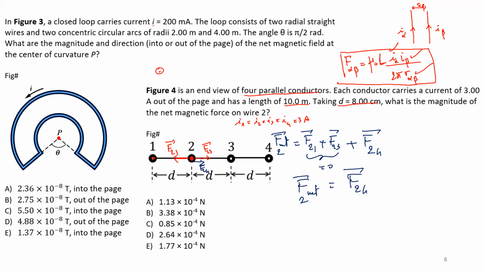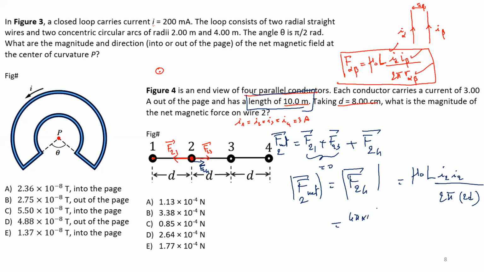Now in magnitude, what is F24? Easy. It's mu naught L, and I know L, by the way, is 10 meters, I2, I4 divided by 2 pi, the distance between them, which is 2d. So mu naught over 4 pi is 10 to the power minus 7. L is 10.